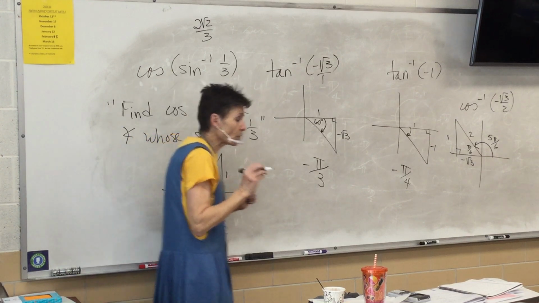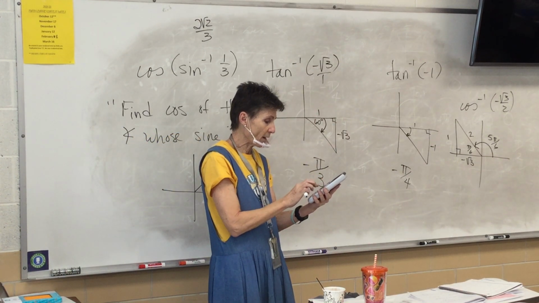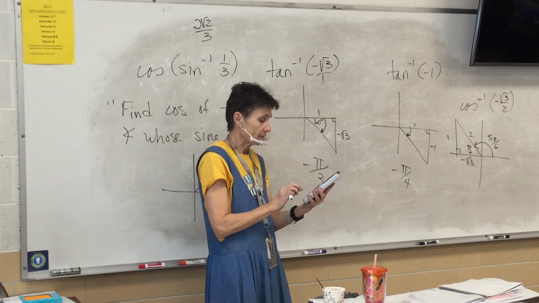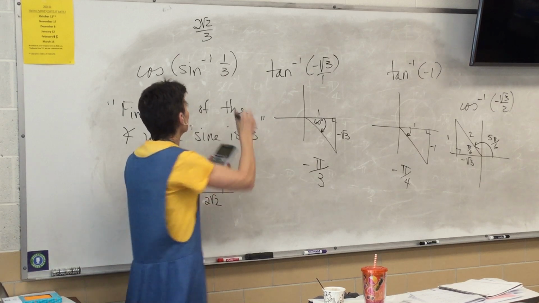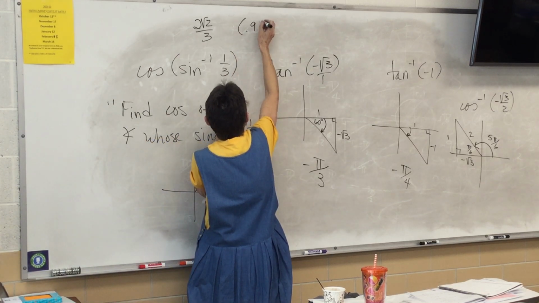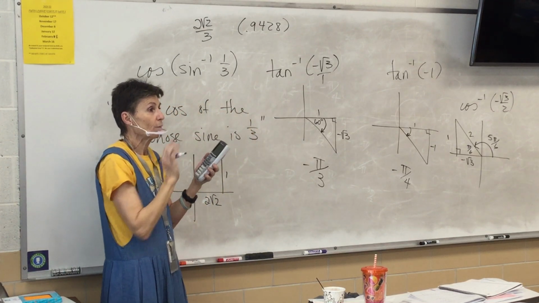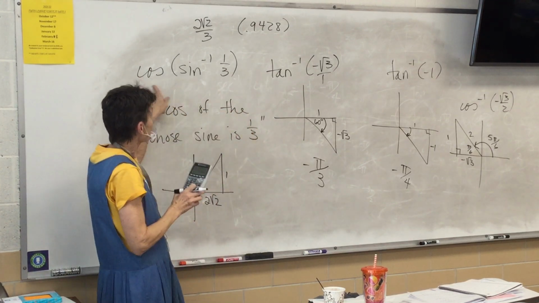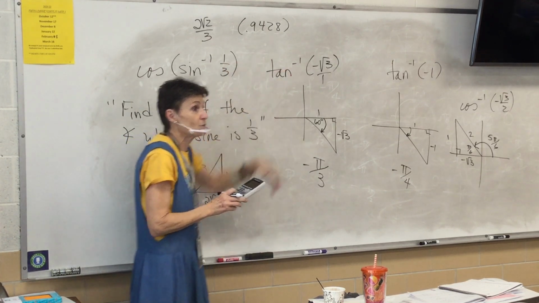Now, here's what I want you to do. On your calculator, would you take the square root of 8 and divide it by 3? Is that what you got? Okay. Now, I want you to type this in on your calculator and see that that's exactly what you get.